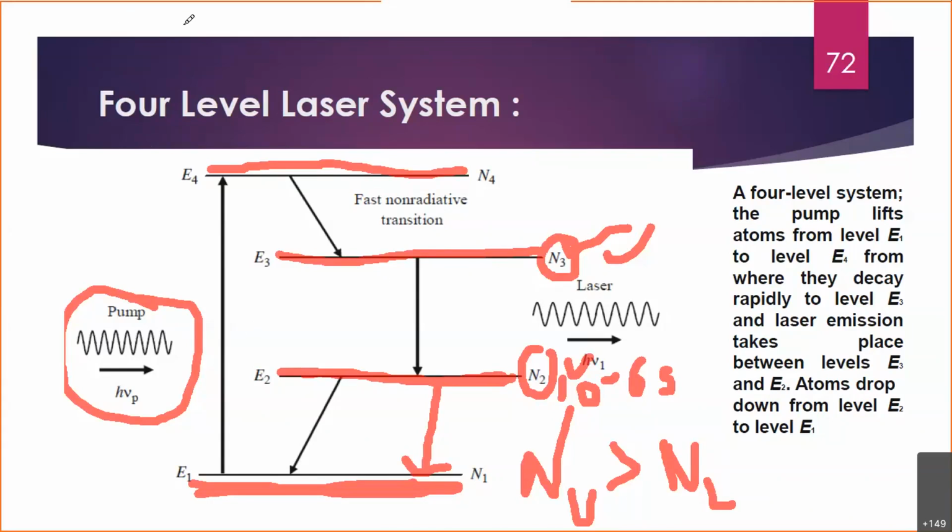Level 3 has to have almost infinite number of particles, level 2 has to have almost 0 number of particles. Okay, so that is the ideal case. That's what one can achieve between level 3 and level 2, where the maximum particles are there in level 3, very less or negligible particles are there in level number 2. So people achieve this inversion criteria, and that is the requirement for such things.